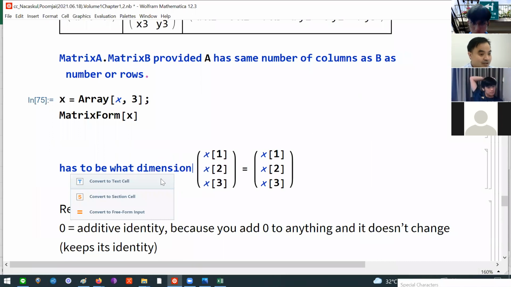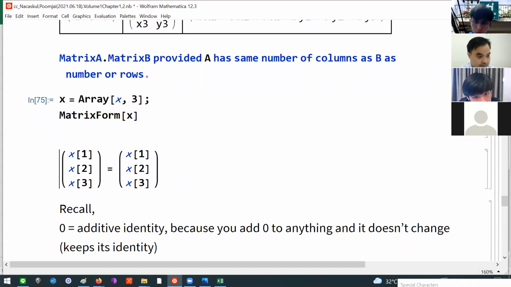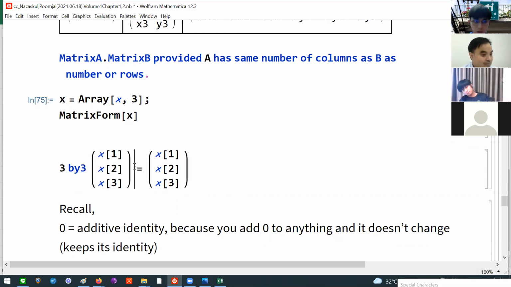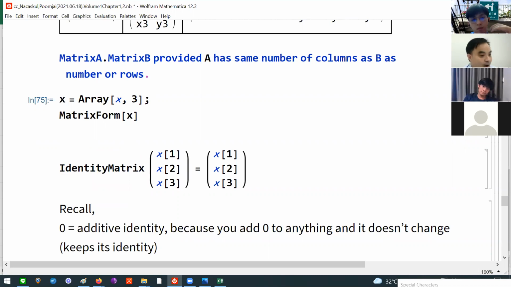Well, it has to be 3 by something because you have to end up with 3. And the number of columns is also 3 because it has to multiply by this. So this thing is called identity matrix of dimension 3.